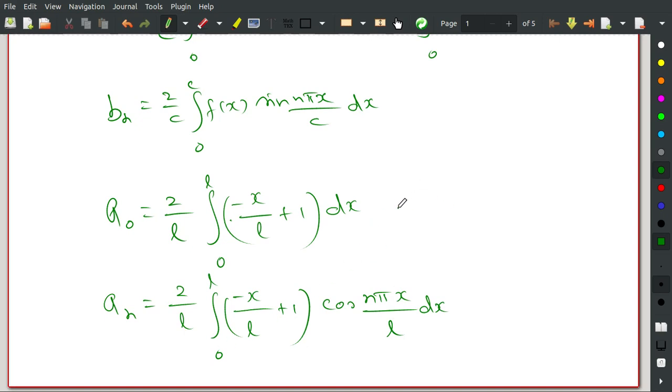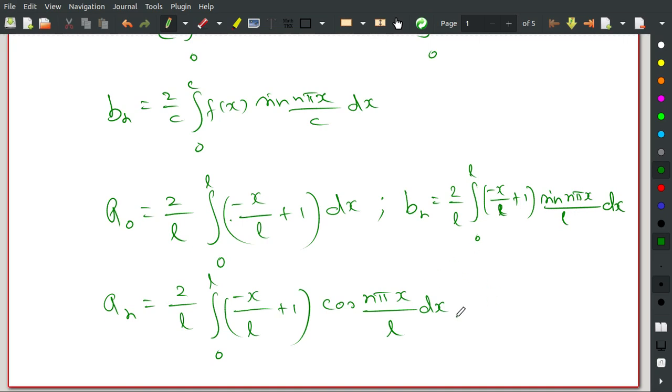Similarly bn equal to 2 by L integral 0 to L minus x by L plus 1 sin n pi x by L dx.